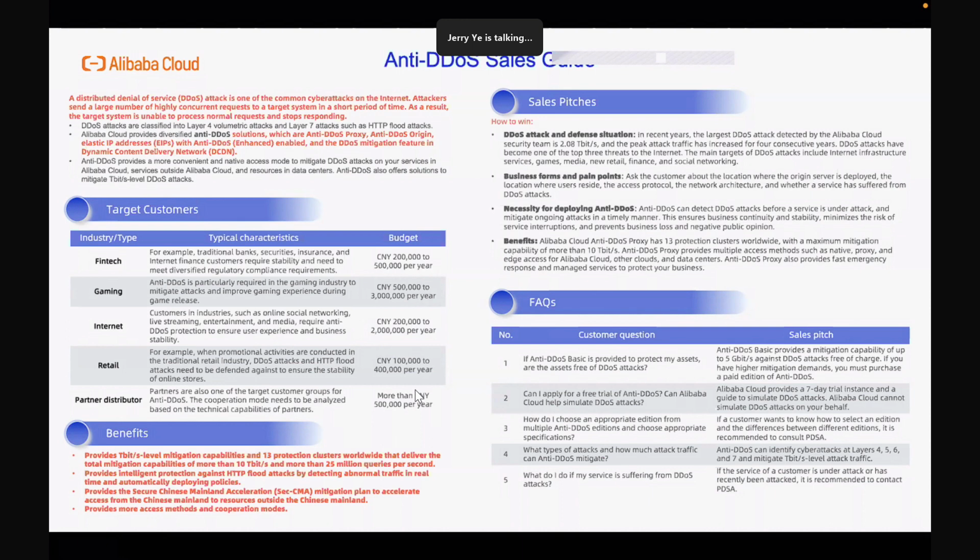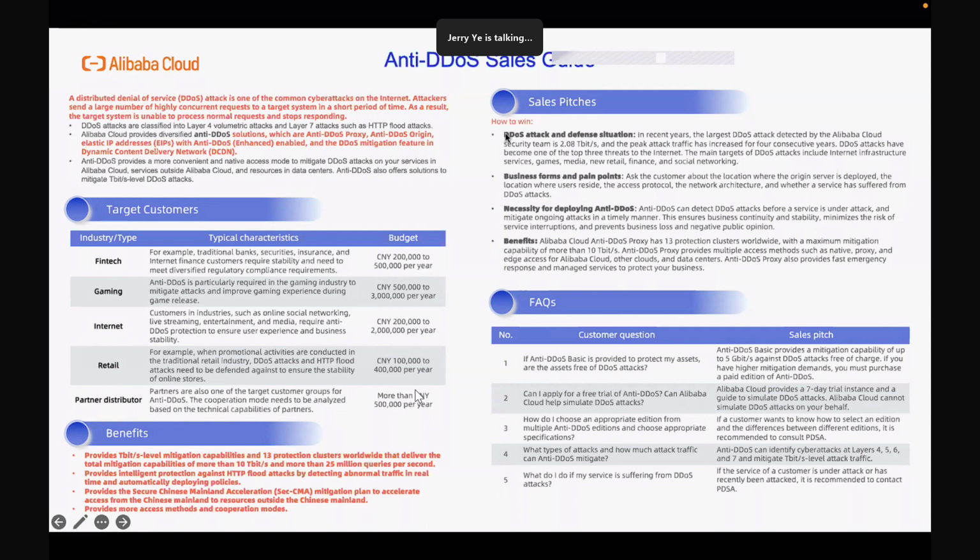If no DDoS attack happens, the Chinese users who visit the web services deployed outside Chinese mainland will have their requests accelerated by our CMA. But if a DDoS attack happens, it will switch automatically to anti-DDoS proxy outside Chinese mainland. By using these solutions, the customer's business continuity can be guaranteed.